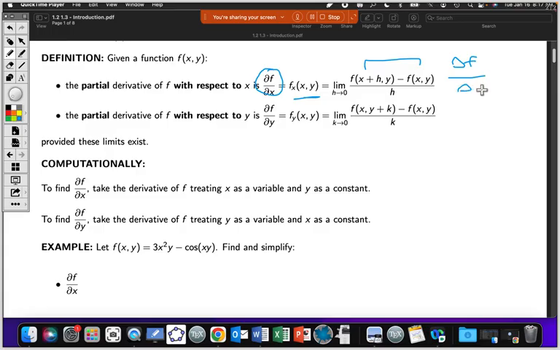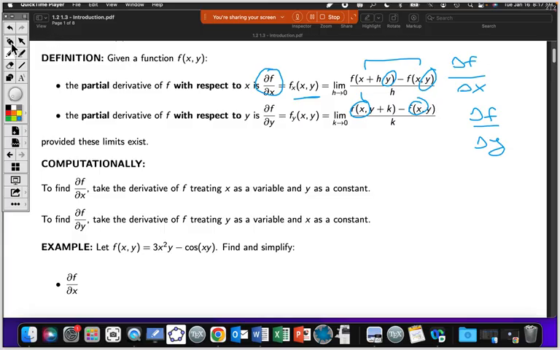This is the change in the function divided by the change in x. We're treating y as a constant. We haven't changed the y at all. That's the partial derivative of f with respect to x. And then you can do the same thing, looking at the change of f with respect to y. Notice here the x is the same, so we haven't changed the x at all.